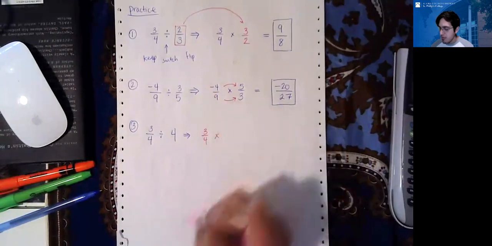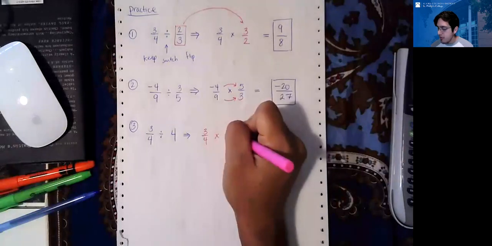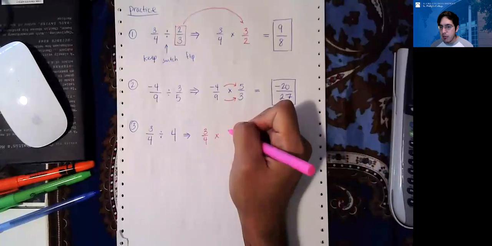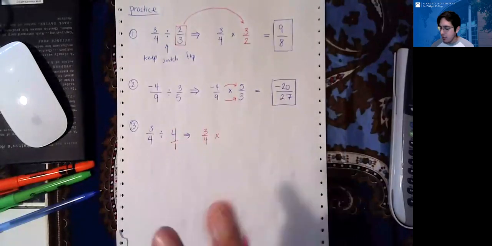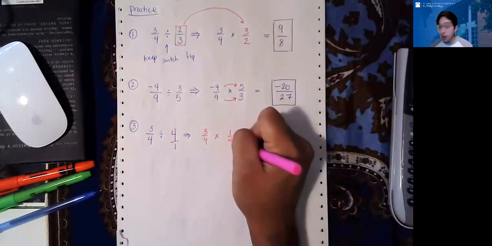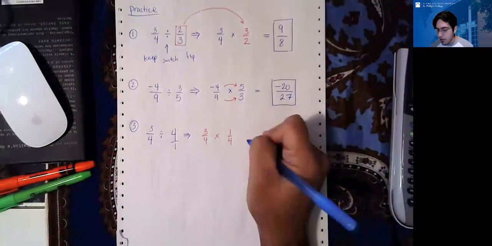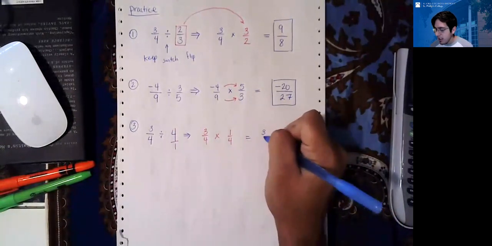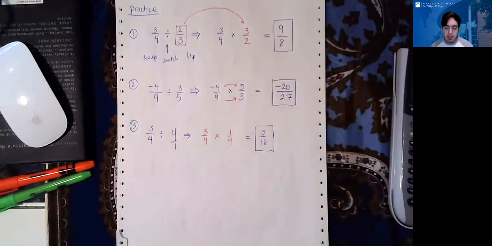You have to put the 4/1. You said you have to take this as 4/1, right? And then we flip, yes, 1/4. Boom, perfect. And then once you're in the world of multiplication, we'll just multiply straight across. So this should be 3/16. And again, that fraction doesn't reduce, so we're good there.